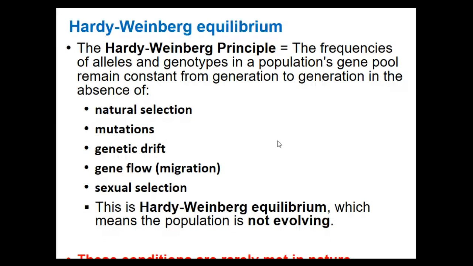So a population will stay the same and not evolve only if none of those are happening. But that's almost never the case. There's always at least one of these happening in reality in a population. So populations almost never stay the same generation to generation for very long, because there's always something causing evolution.